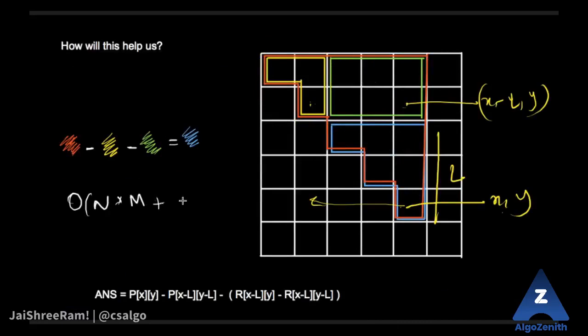Plus for each query you now need only order 1, right? You could have thought about this problem in a brute force way that would take you order n squared per query, that is n times m per query, and you could have saved a bit on that by keeping row-wise prefix sums, but that would have only led to Q times n, right?